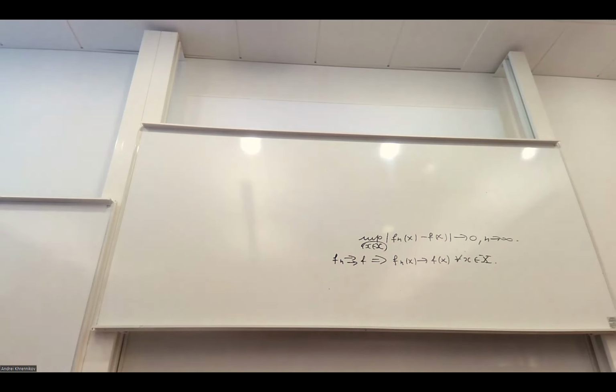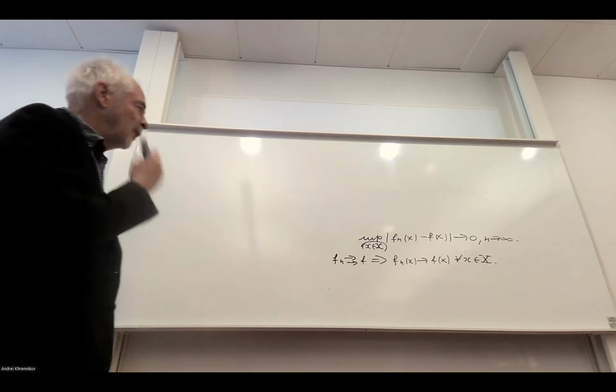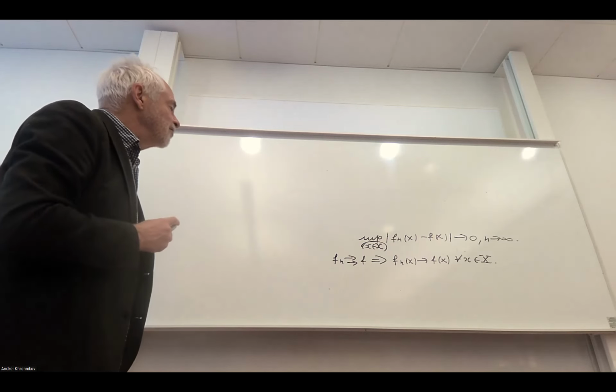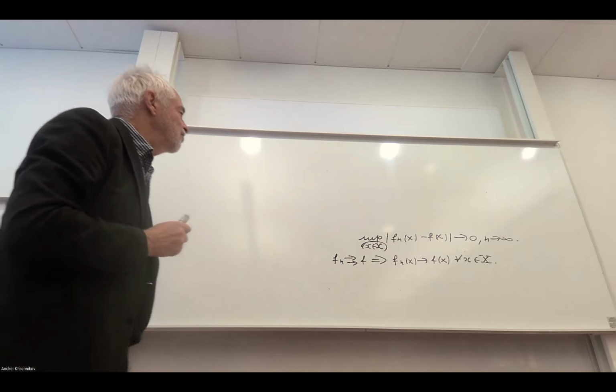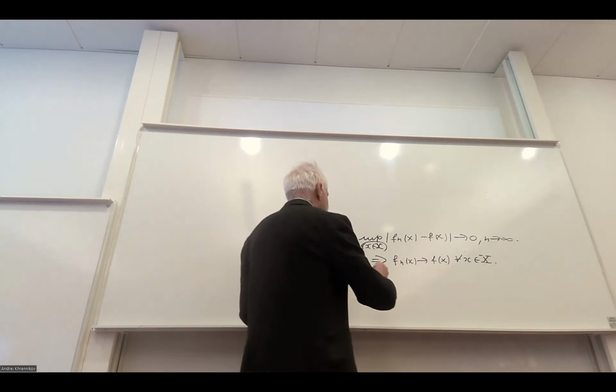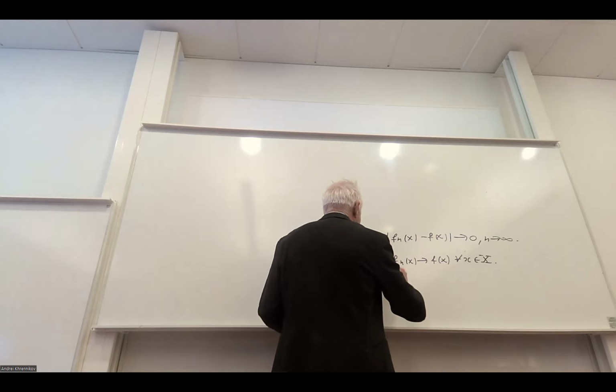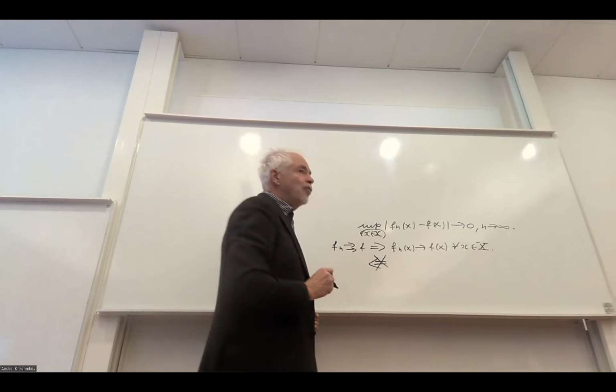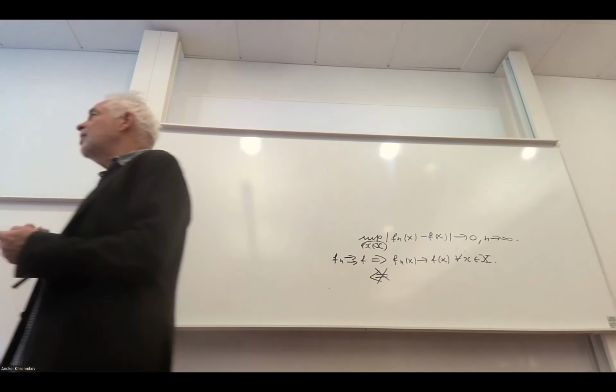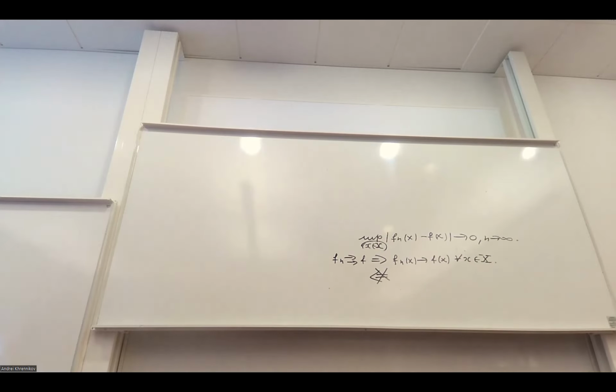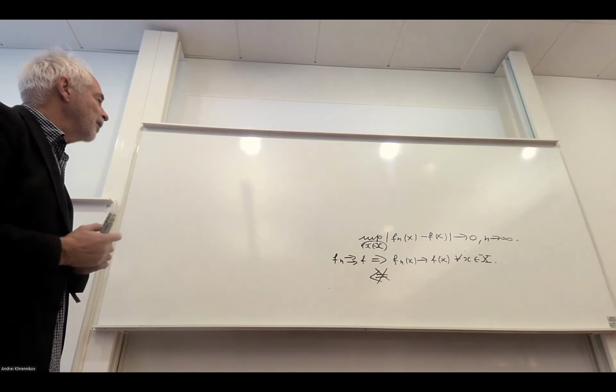It's trivial. If the supremum goes to 0, of course, in any point it also goes to 0. The other way around is not correct. So we should construct an example of a sequence of functions which converge pointwise but not uniformly.